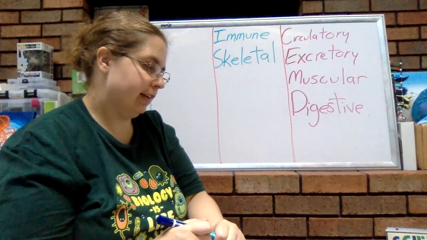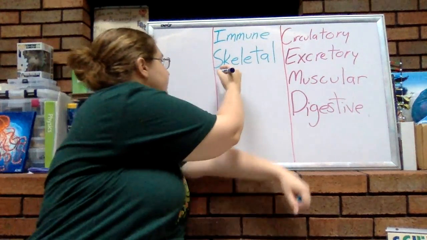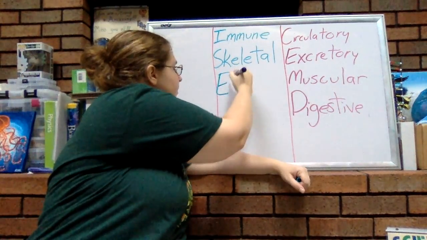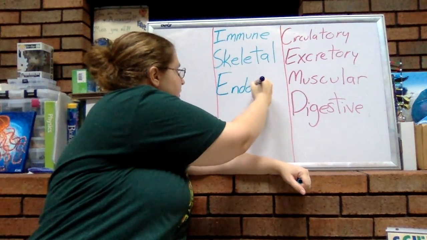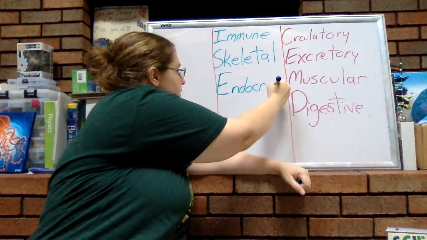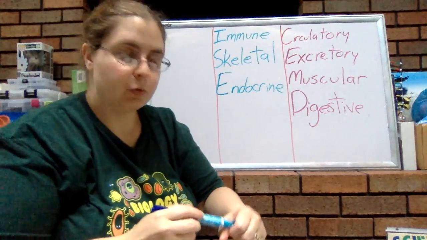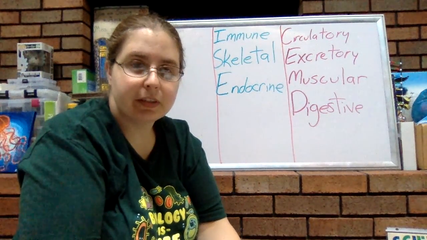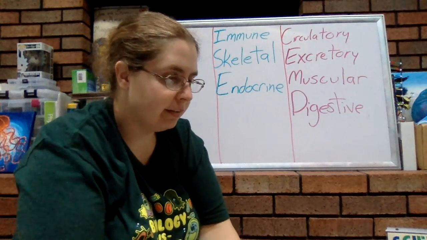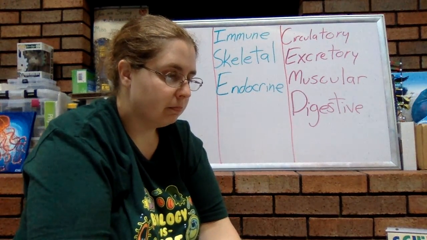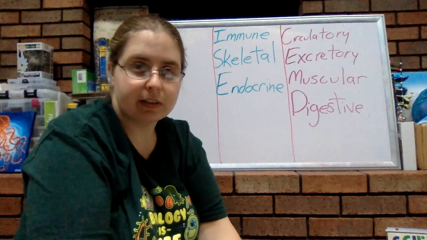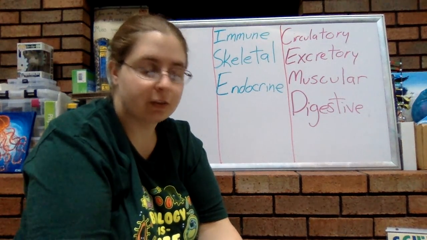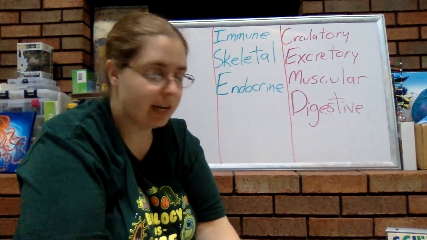All right, let's see. Endocrine. So the endocrine system is the hormone system. So it can be things like the pituitary gland, certain parts of your brain, the reproductive organs, because they secrete hormones like the ovaries and testes.